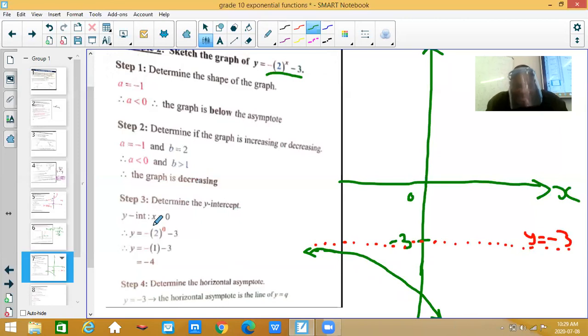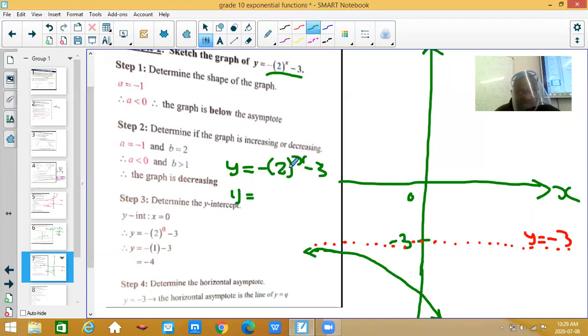Step number 3, determine the y-intercept. How do you find the y-intercept? In our equation, we've got y is equal to negative 2 to the power x minus 3. Now, if you want to find the y-intercept, x is what? 0. If x is 0, y is going to be 2 to the power 0.